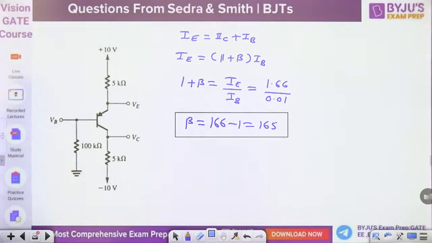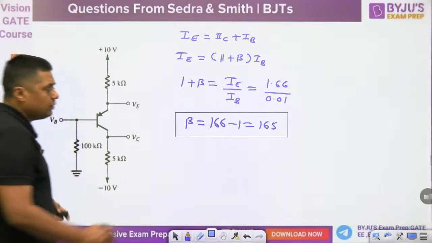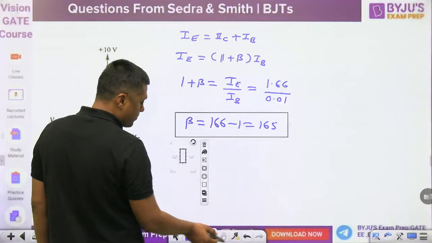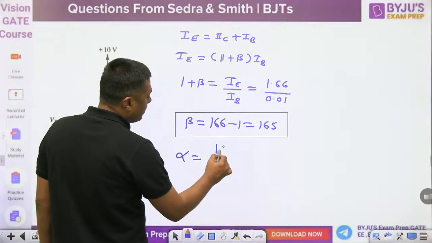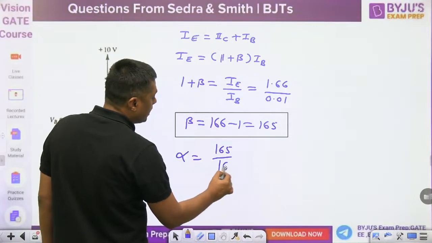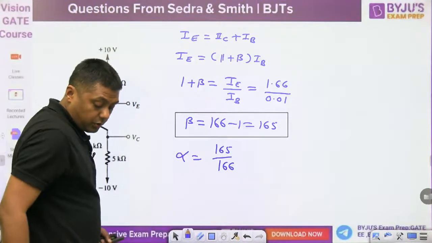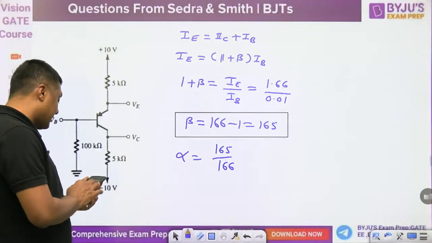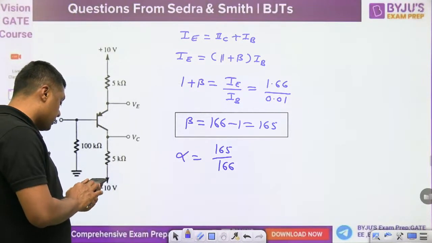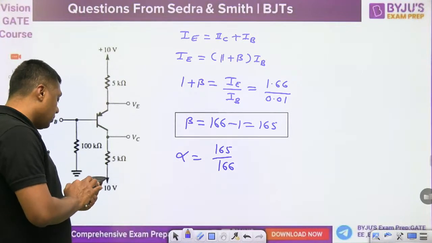Now if you have the value of beta, then you can find the value of alpha, because alpha is equal to beta upon 1 plus beta. It is always less than what? Remember, if it is a numerical answer type question, you have to give the exact value here, because it is a very, very easy question. You can't give an approximated value.